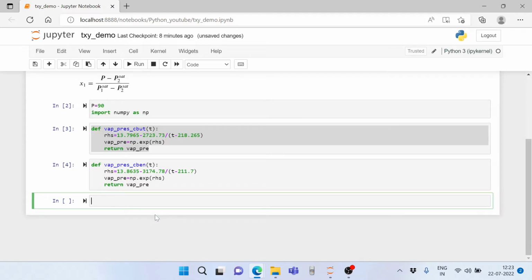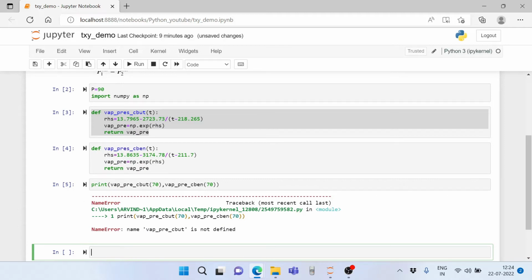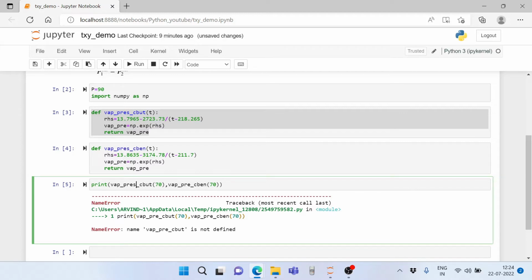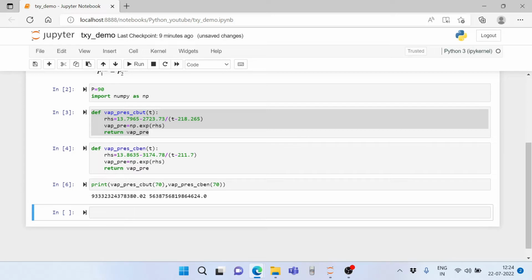So there we are. Now let's test them. We write print and we write the vapor pressure function and enter the temperature. Let's choose a temperature of 70 degrees Celsius. Yes, I have missed the letter S in both cases, so let's fix that.